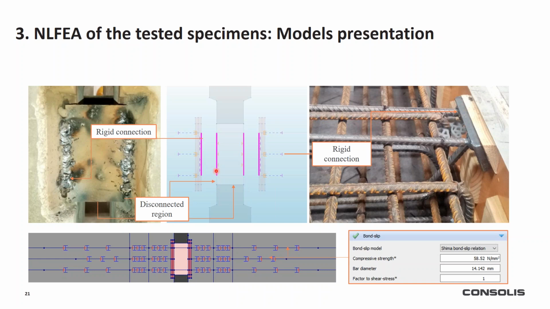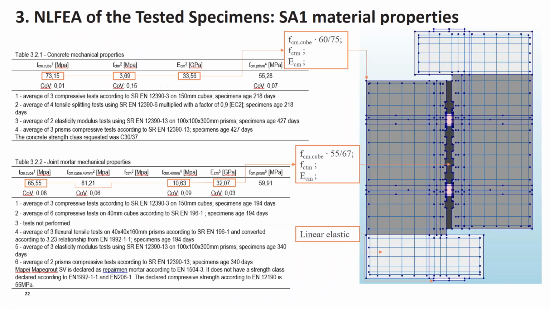There are some regions that do not interact with the environment, so these regions were disconnected. As for the interaction of the reinforcement with the surrounding concrete, I used the bond slip model provided by Shima. This is easier to define and provided very good results for our purposes.